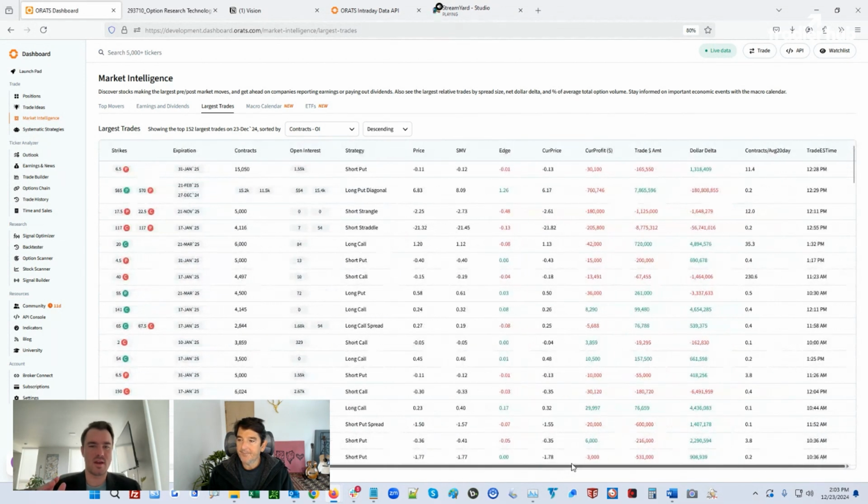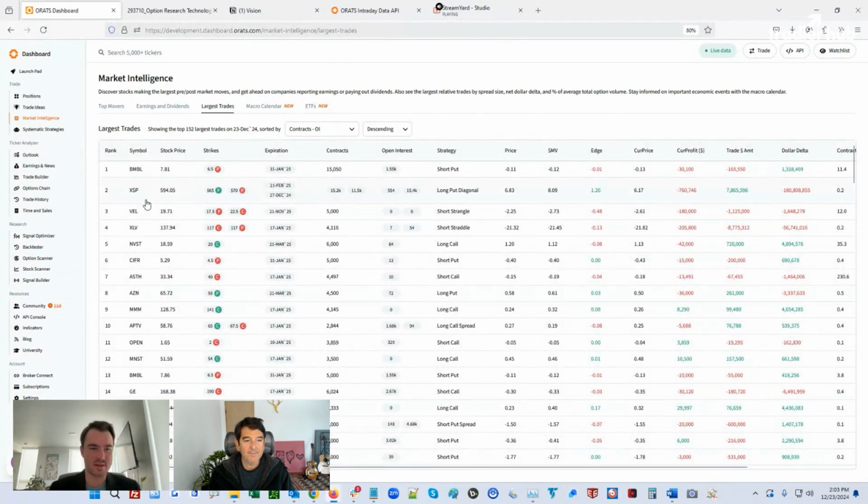So those are trades that were made today. They were opened today. They were not from yesterday or anything like that. Yeah, the open interest is only from yesterday and before opening trade. So that doesn't update during the day. That only updates at night by the Option Clearing Corporation, the OCC.